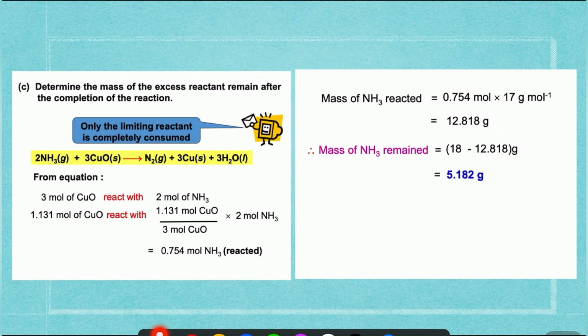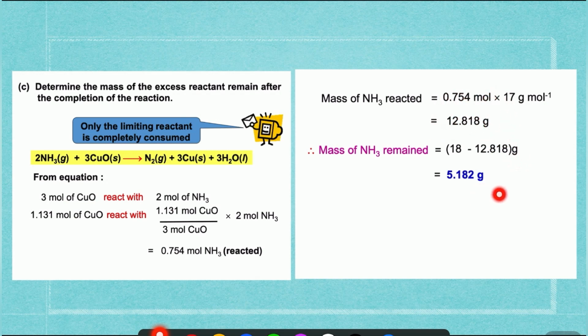To get the excess reactant remaining, this value 18, this one is the given mass of the ammonia in the question, minus the mass of the ammonia reacted that you have calculated here.